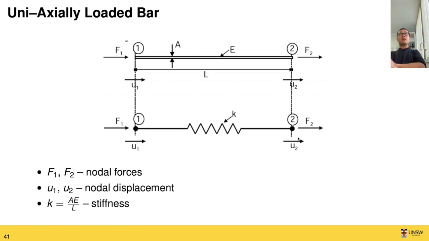In the case of a uniaxially loaded bar, the truss element, the force and the displacement at the nodal points are the same. This is the basic setup as we've seen before.